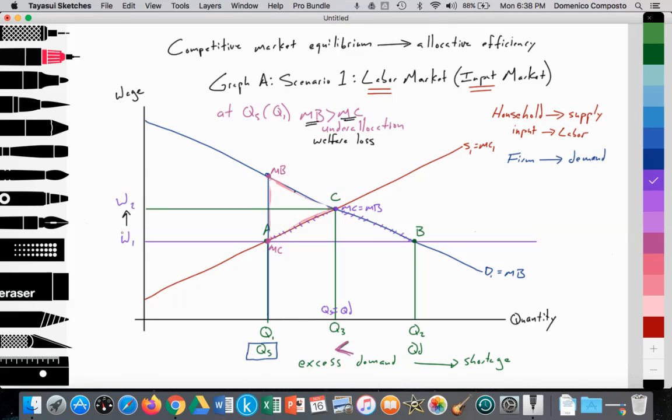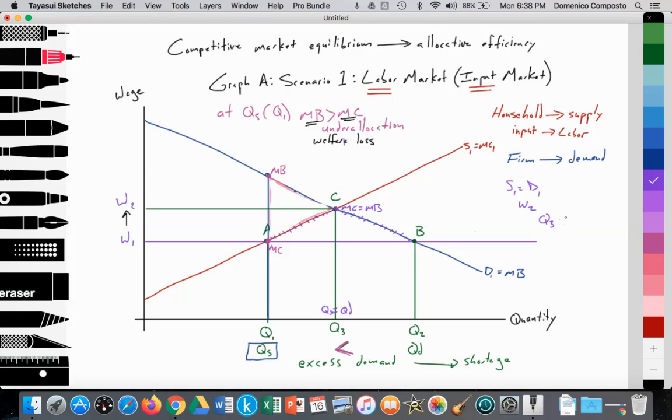The shortage puts upward pressure on the wage from W1 to W2, and as a result, the quantity demanded by firms decreases from point B to C, or from Q2 to Q3, while the quantity supplied by households increases from Q1 to Q3, or from point A to point C. At point C, S1 equals D1, which provides an equilibrium free market wage at W2 with an equilibrium quantity at Q3.